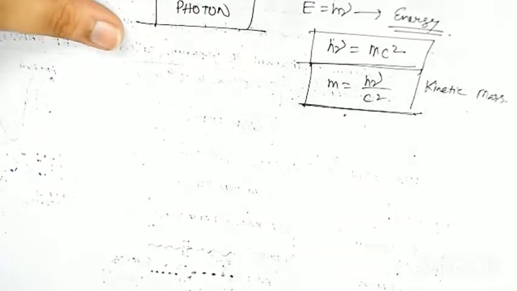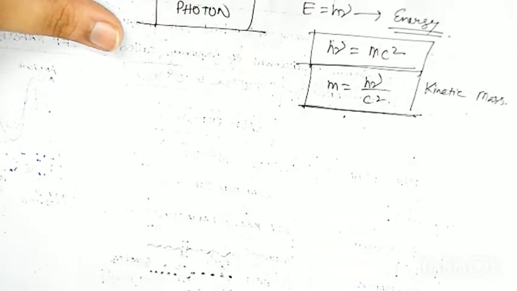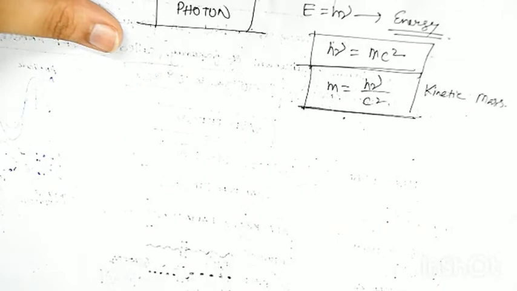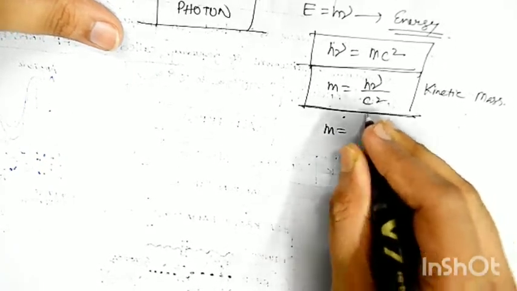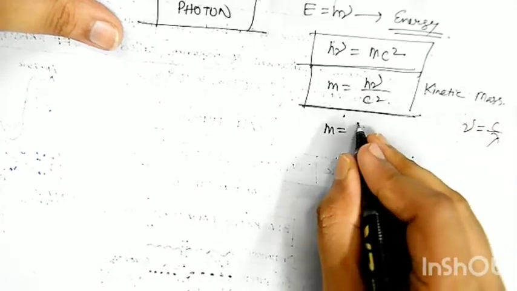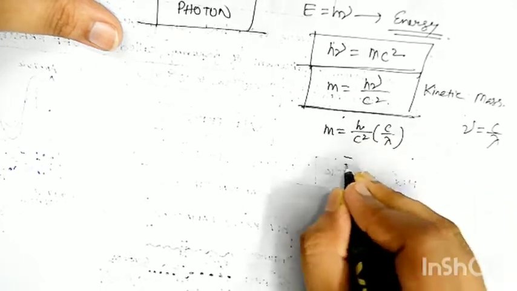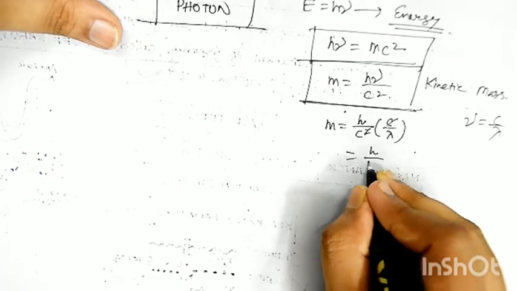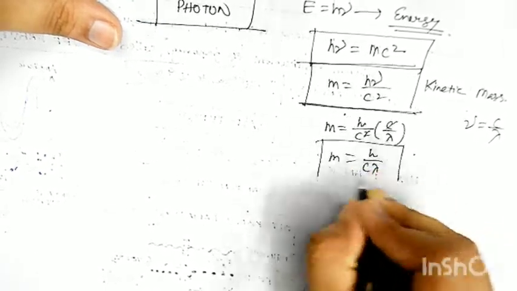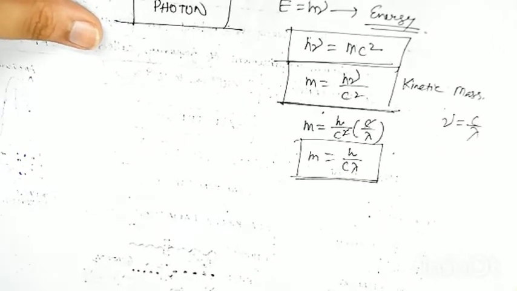And you can also calculate further things from here, the wavelength, sort of things like this. Nu can be written as c by lambda, so it can also be written as h by c square into c by lambda. C here cancels, h by c lambda. This is also one more equation of it.